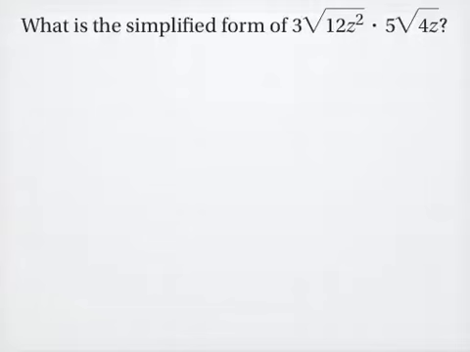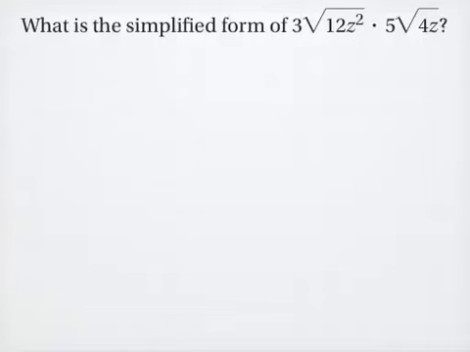It's not really going to matter in the long run if you simplify now or later. Whichever one you prefer is totally fine. 4 is a perfect square that could go into 12, and z squared is a perfect square, and 4 is a perfect square, so you could bring out a 2 and multiply that by 5. So whichever one you want to do is totally fine.